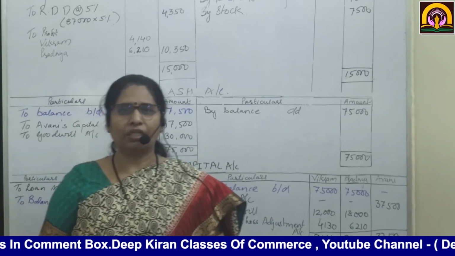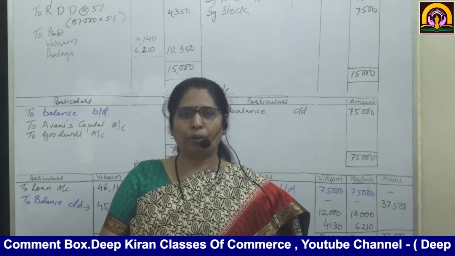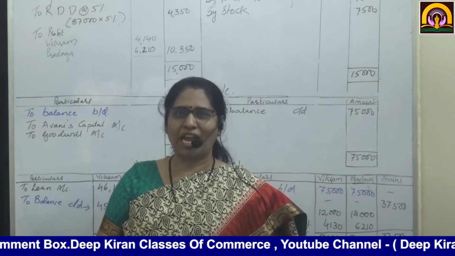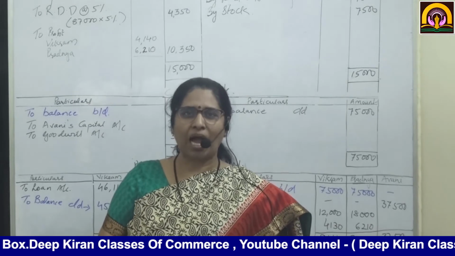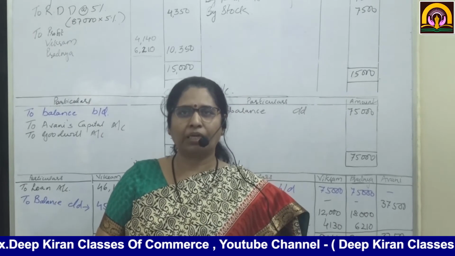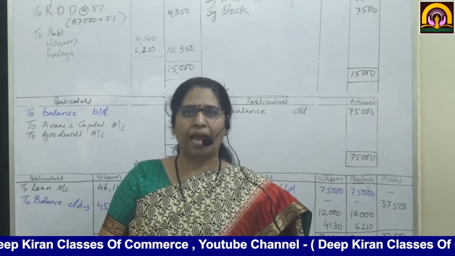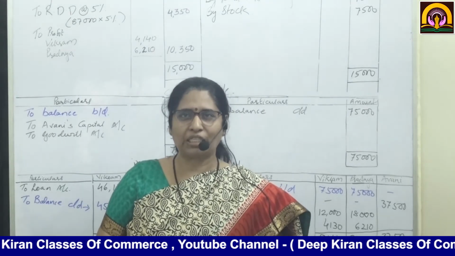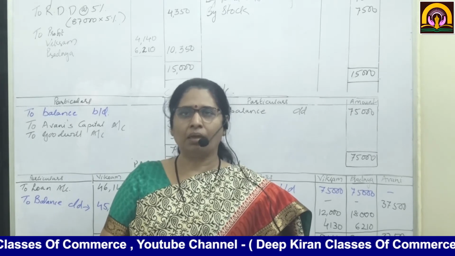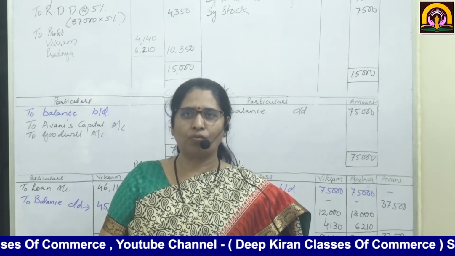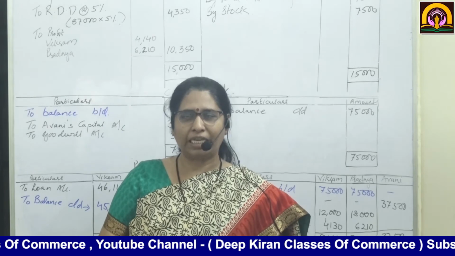After the working note, we are going to prepare the profit and loss adjustment account. Now the cash account is not asked, but I am preparing it to show how this cash will appear in the new balance sheet and the partners' capital account, and then the new balance sheet as on 1st April 2018.